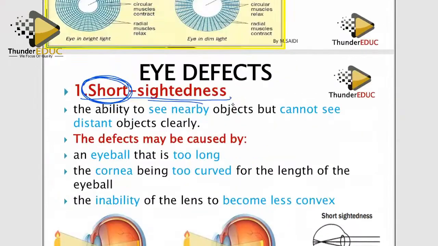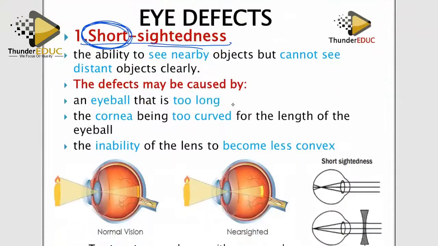So short sight are those people who are able to see objects which are near, but they can't see objects which are far. That is the most common eye defect. We see objects which are near, but we can't see objects which are far. So we call it short-sightedness.